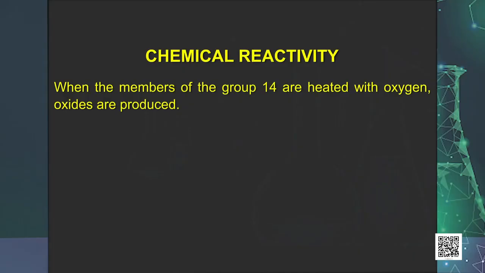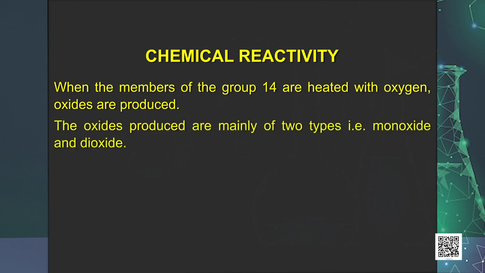When the members of group 14 are heated with oxygen, oxides are produced. The oxides produced are mainly of two types, that is monoxide and dioxide, with molecular formula MO and MO2 respectively. SiO only exists at high temperature.